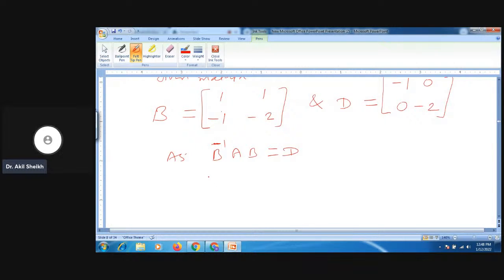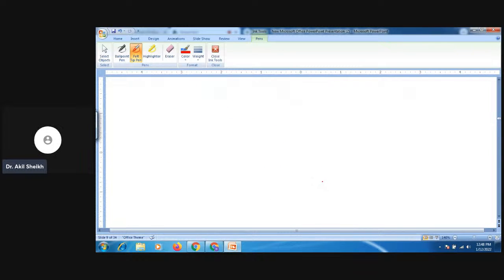Pre-multiplying by capital B on both sides, B B inverse A B equals B D. Next, B B inverse becomes I, identity. Identity matrix into any matrix becomes the same matrix. It remains A B equals B D. Here matrices do not follow the cancellation law which is satisfied in algebra.